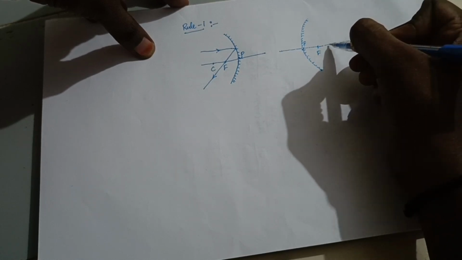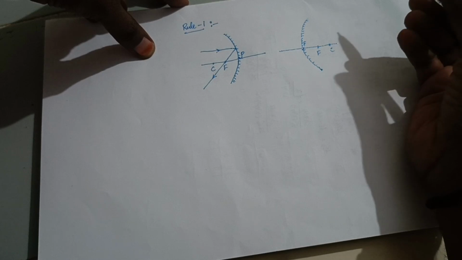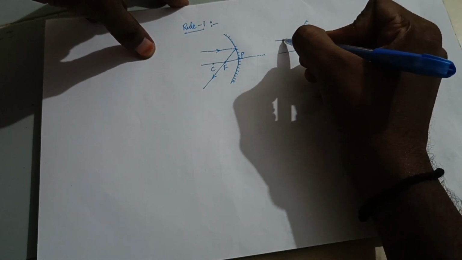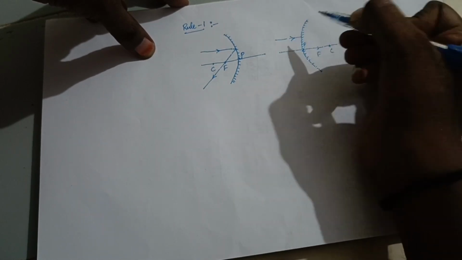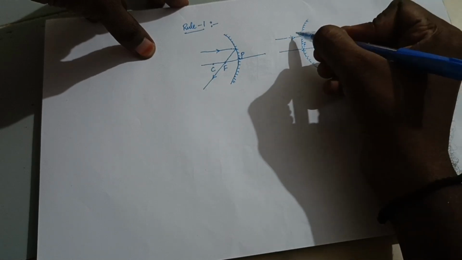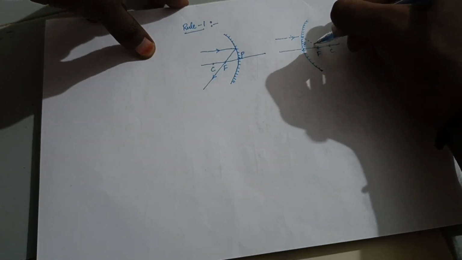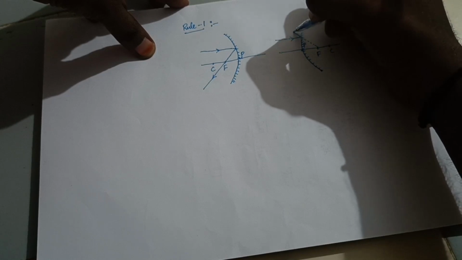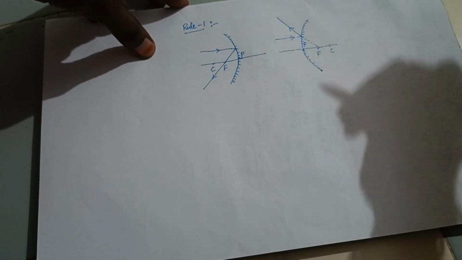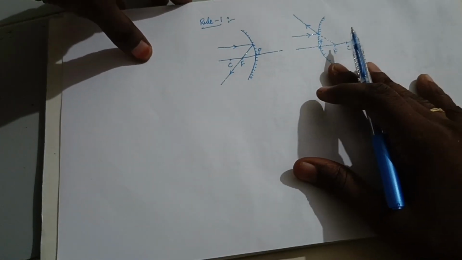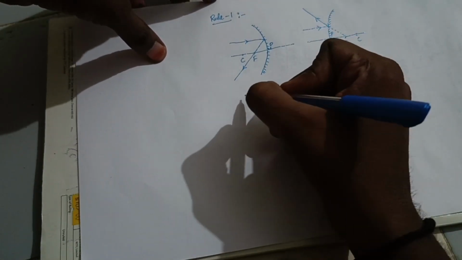So this is the focus and this is the center of curvature. Now again, if the incident ray is parallel to the principal axis, it will be reflected in a direction such that it seems to be coming from the focus. So this is the reflected ray and this is the incident ray. This is rule 1.